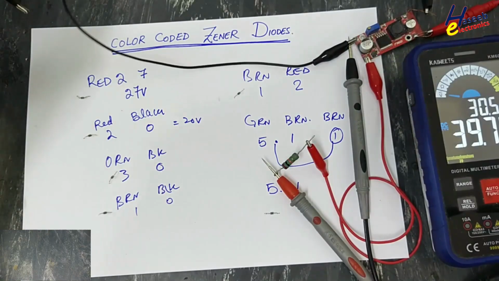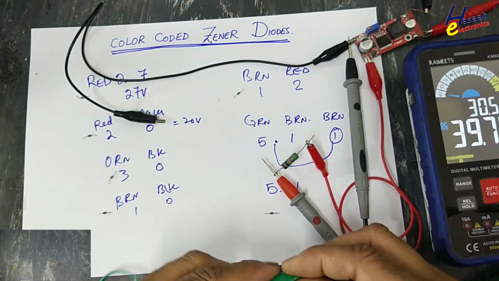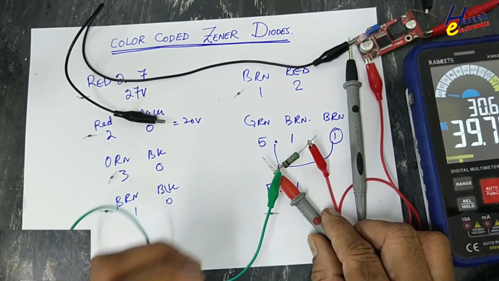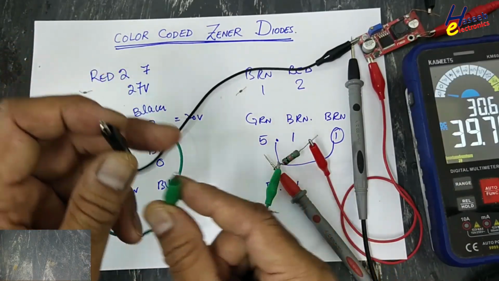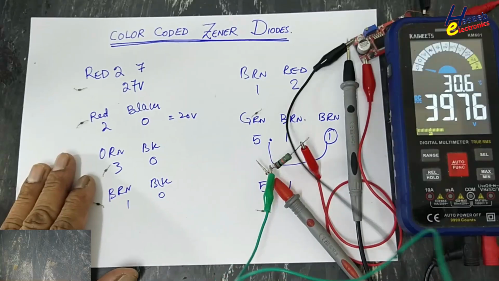We have this wire here now, and I will use another jumper wire and connect at the same point after the resistor. Now we have 2 open points. The multimeter is showing 39.75 volt.